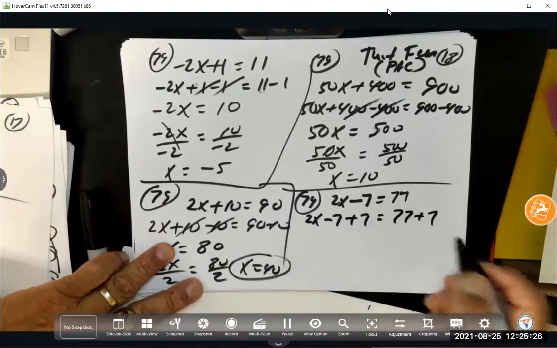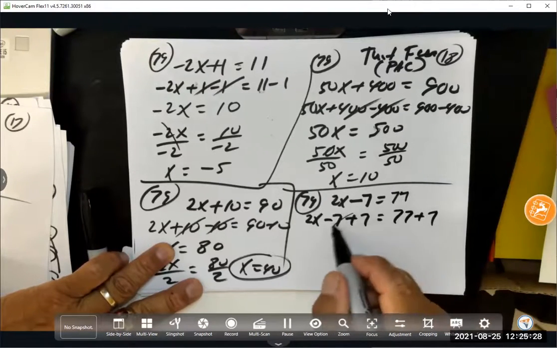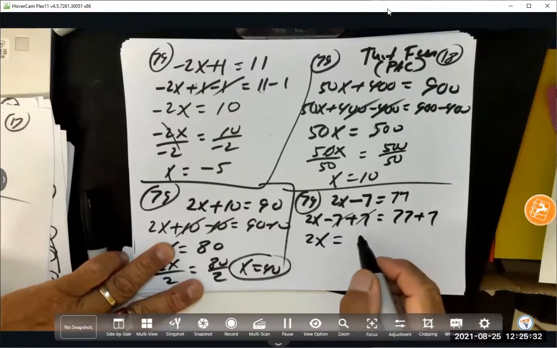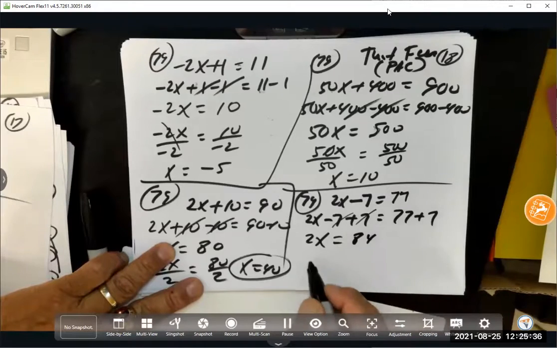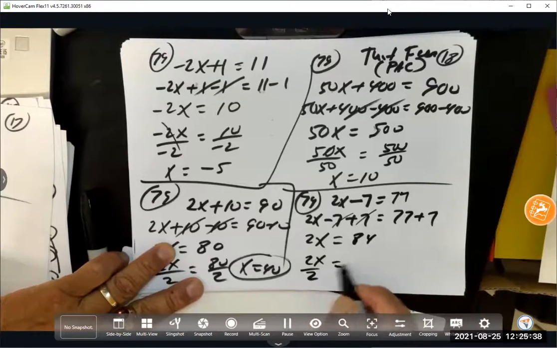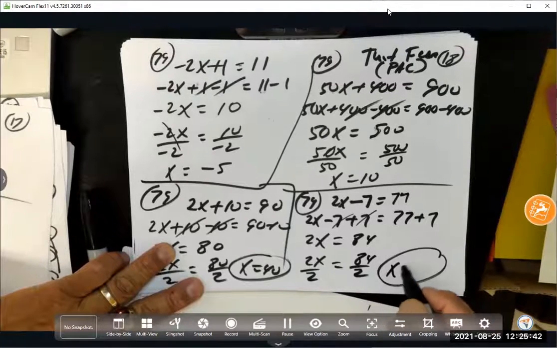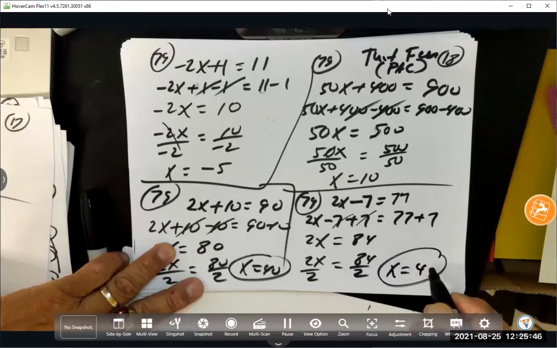Yes or no? Yes. So 2x equals 77 and 7, how much is that? 84. So now divide by 2 and divide by 2. So x is, give me a number. 42. 42, yes or no? Oh, 2 divides 8, 4. My bad, 2 divides 84, 42.